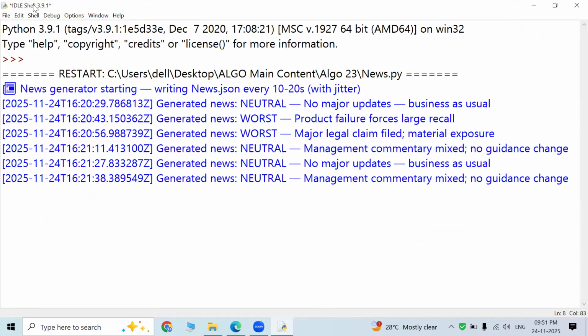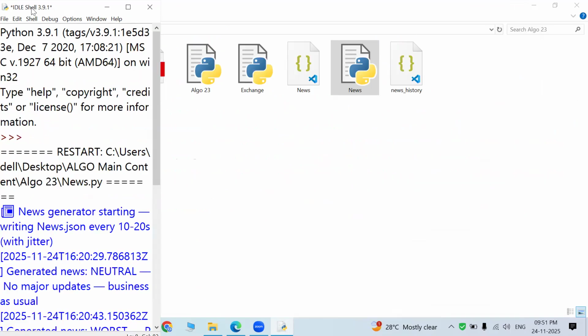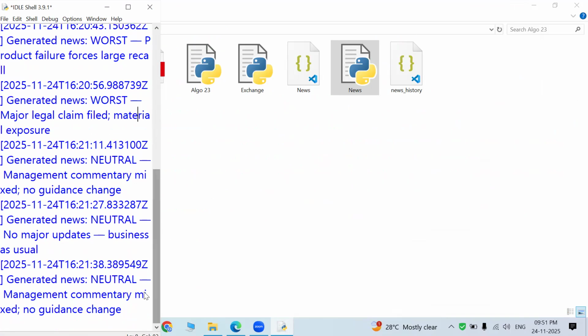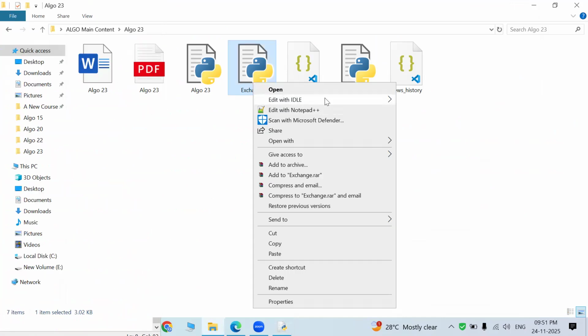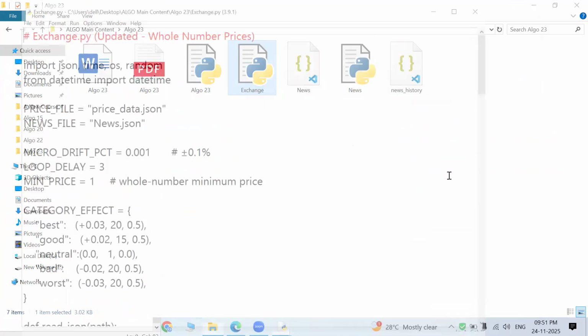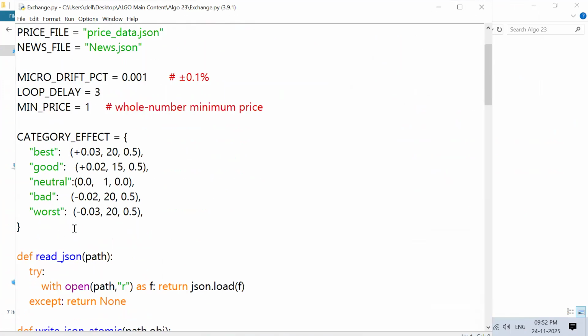Okay, so this is my main window. Now the news is continuously flowing. A neutral news has come. Now this is my exchange. The exchange is going to change the price. If the best news comes, it goes 3% up. If the good news comes, it is going to go 2% up.